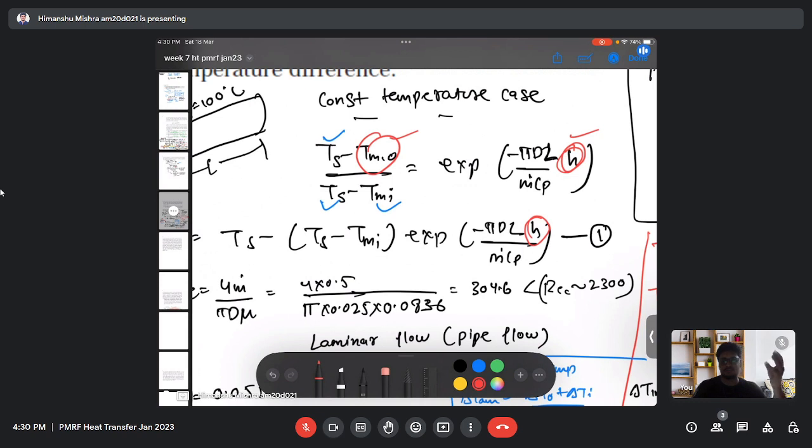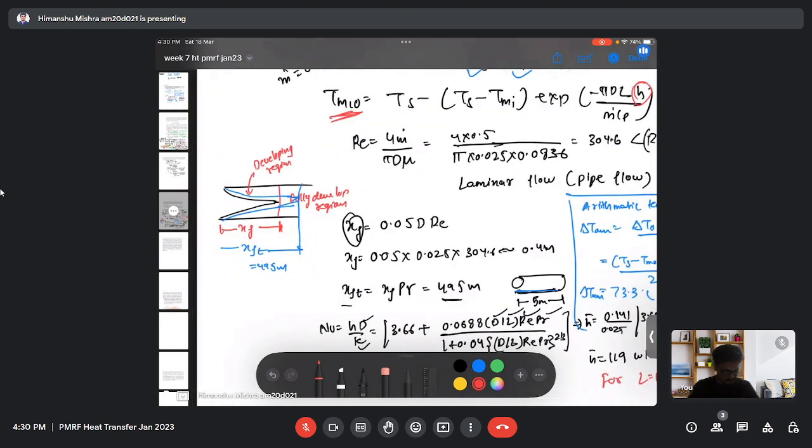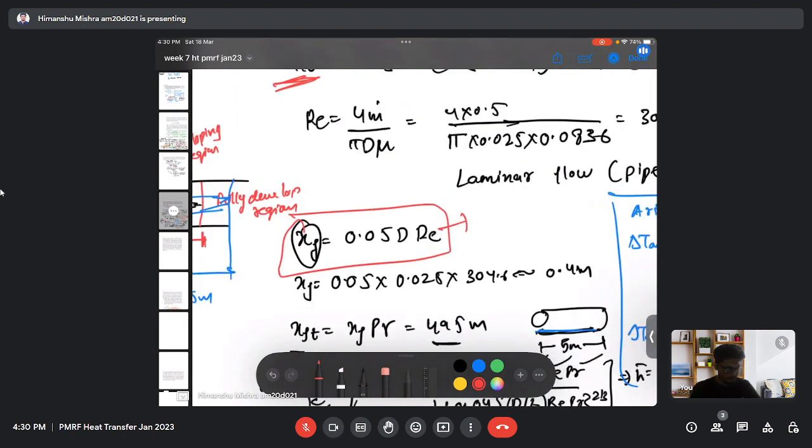First, whether the flow is in laminar or turbulent flow. So for that we use the standard procedure. We found the Reynolds number. Then in the pipe flow, we also need to check whether the flow is in the fully developed region or in the developing region. So we use a correlation for the laminar flow, which is given by this. So this is for the hydrodynamic boundary layer.